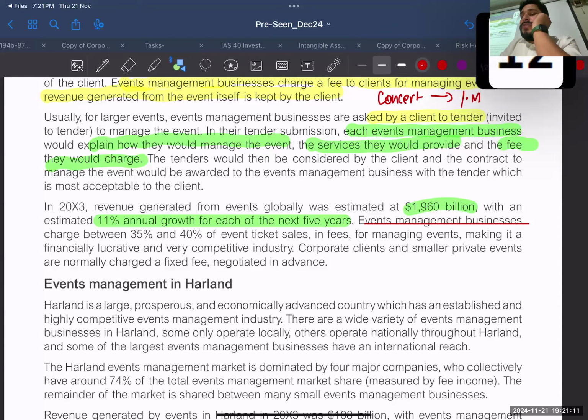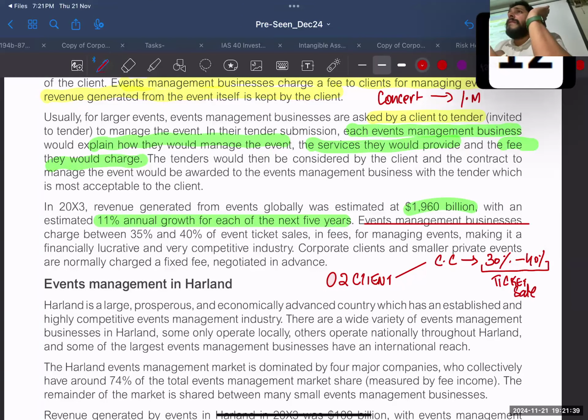See, there are two types of clients. Number 1 client is my corporate client. So for the corporate client, I charge 30%. This is an industry norm. 30% to 40% of the client ticket sale.